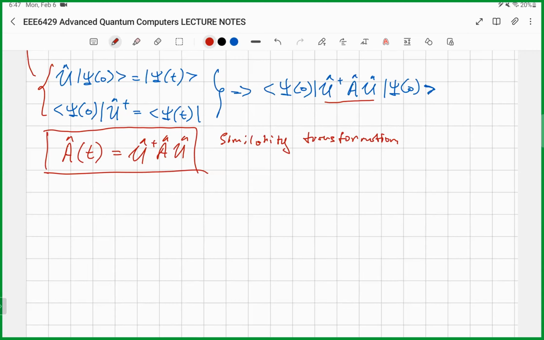This is the first degree of freedom. Then there is another degree of freedom of describing a system in terms of psi vector or evolution operator.